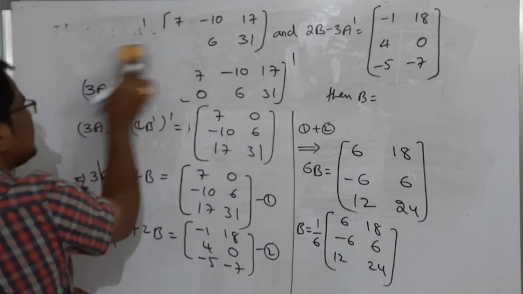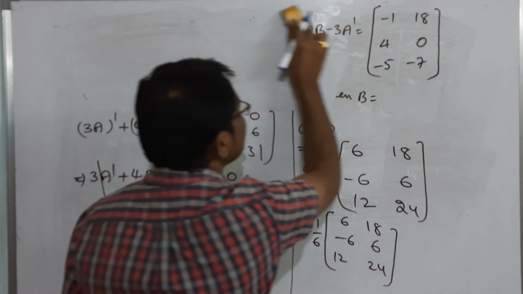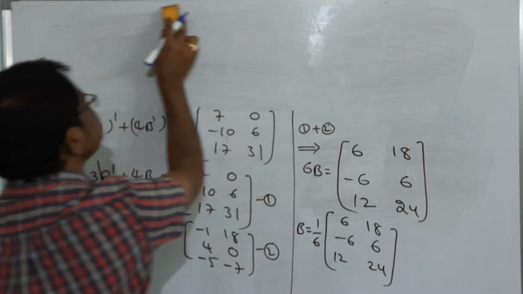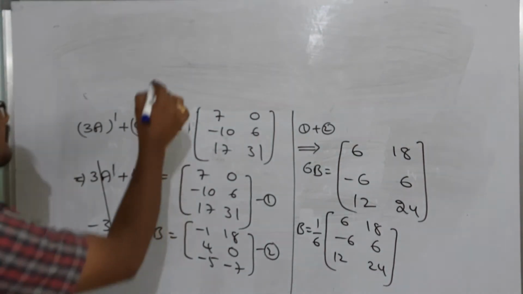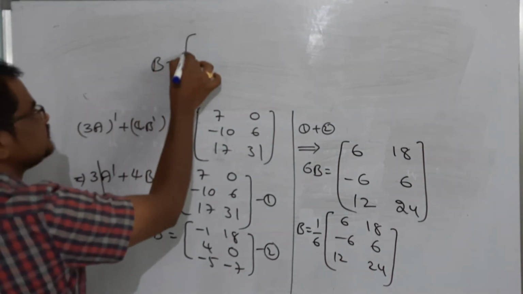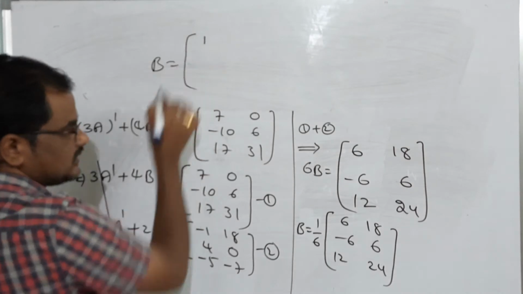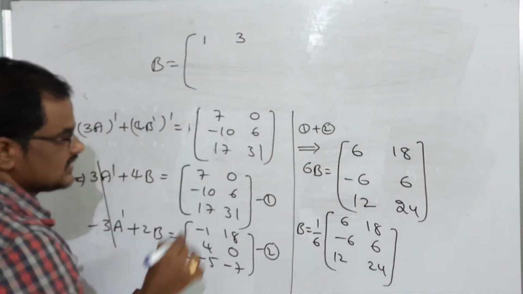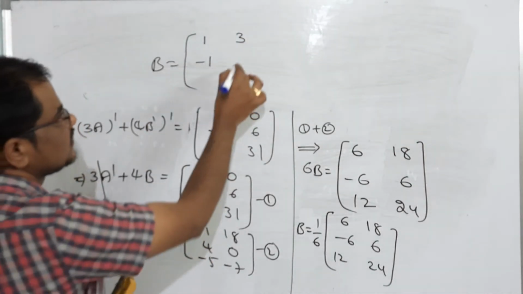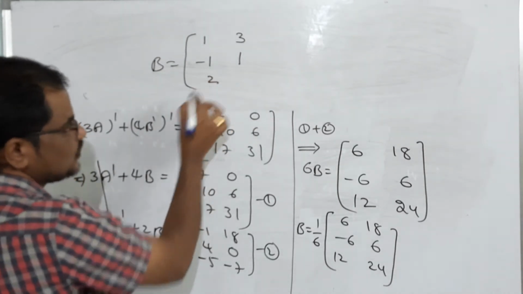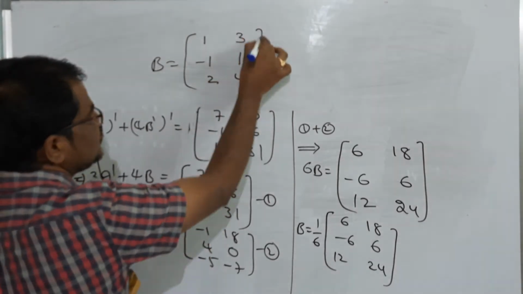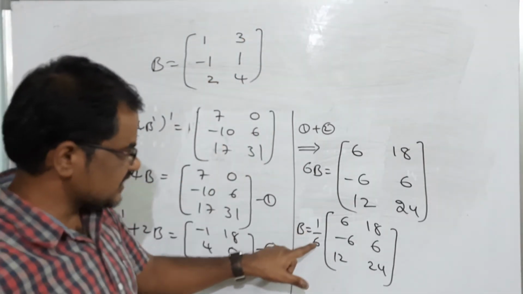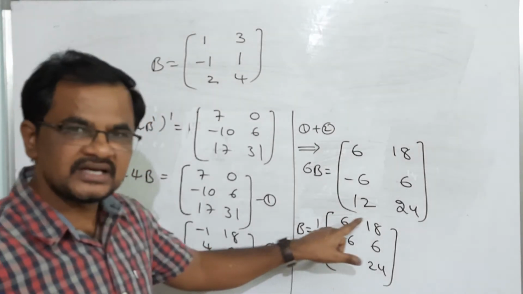So finally, what you will get is B equal to [1, 3; -1, 1; 2, 4]. How to get it? Multiply this 1 by 6 with each and every element of this matrix.